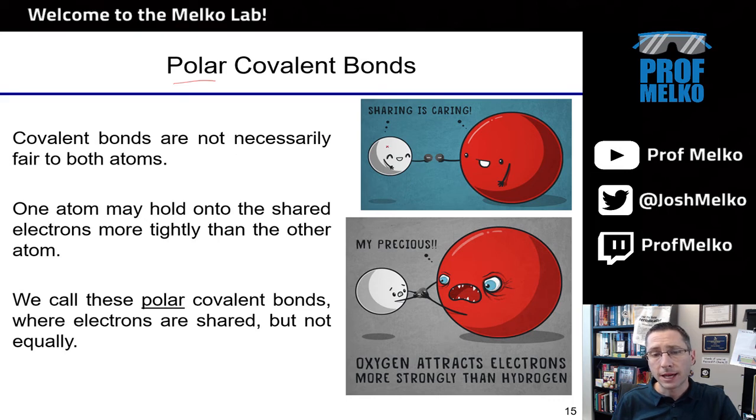Okay, so here's HCl again, hydrogen and chlorine. One atom may hold on to that shared pool of electrons more. It might pull the electrons towards itself more strongly. And so we call these polar covalent bonds. The electrons are shared, but not equally. Okay, here it's showing oxygen attracting electrons more strongly than hydrogen.